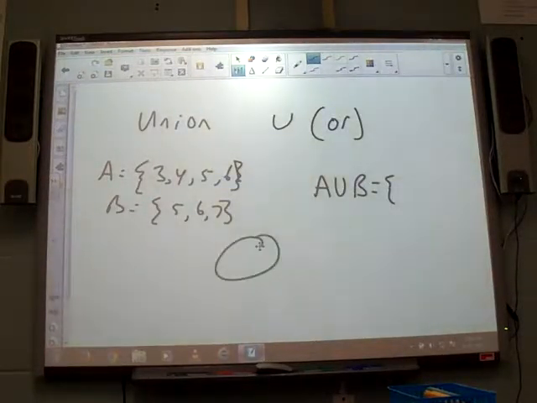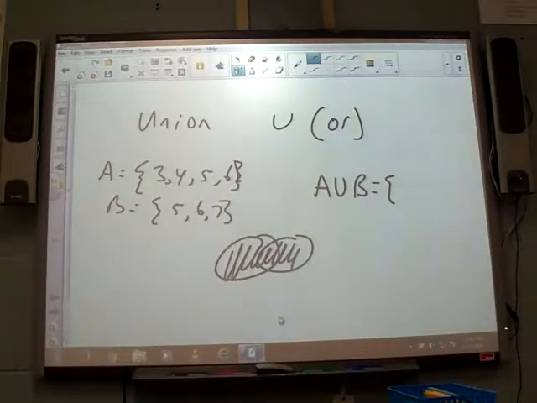If we think of our Venn diagram, when it was and, it was only the overlapping part, right? But when it's or, I can be in this circle or that circle. So it would include anything. That would be our union. So if I want the union of sets A and B, what numbers am I going to list? 3 to 7. Very good, all of them, right?